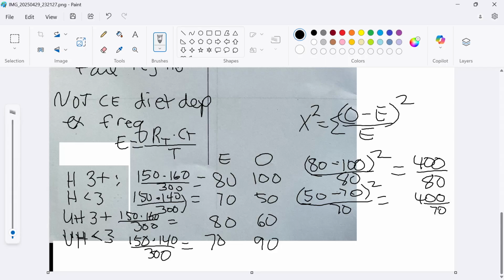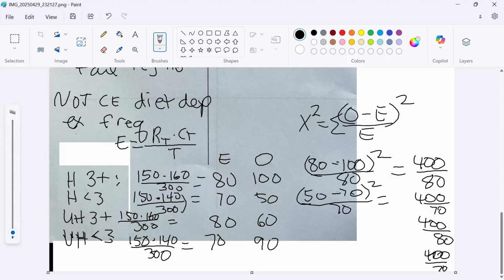And then I'm going to add all these fractions together. And then this one is 60 minus 80 is negative 20 squared, again 400 over the expected 80. And this one is 90 minus 70, which is 20 squared is 400, divided by the expected 70, 400 over 70.